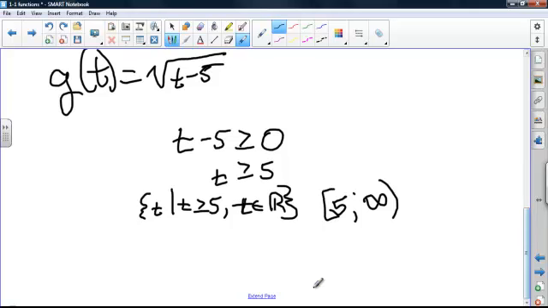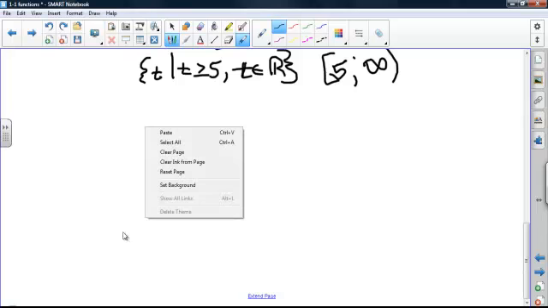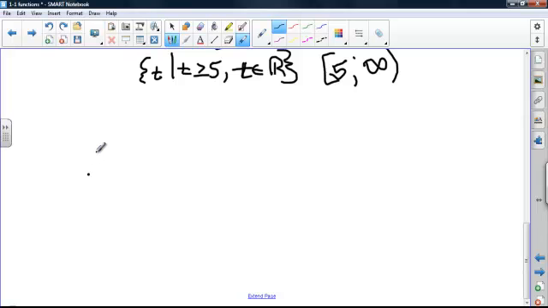Then we have the last type, which is a really scary type. This one, we've got h of x equals 1 over square root of x squared minus 9. Now in this case, we can't have this be 0, but it has to be greater than 0 too.